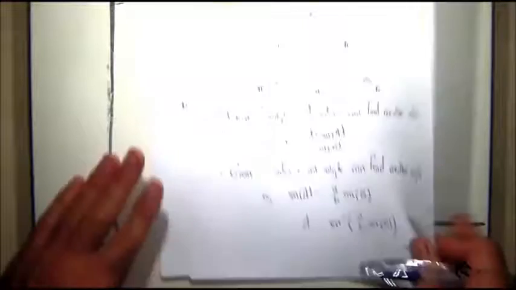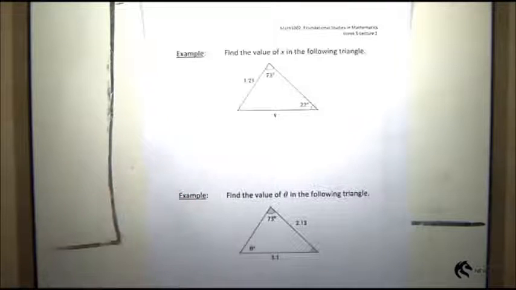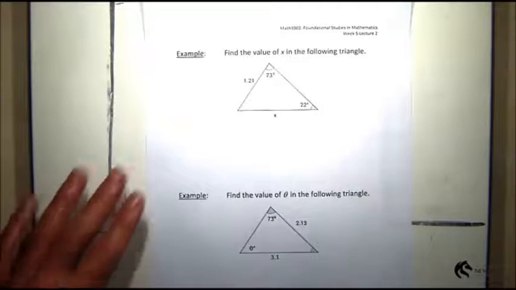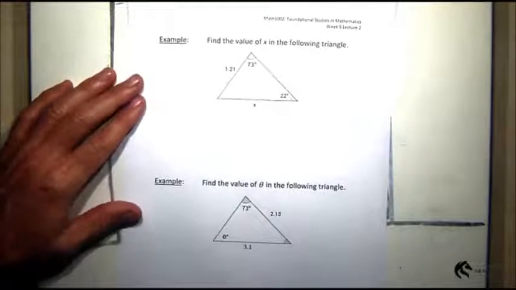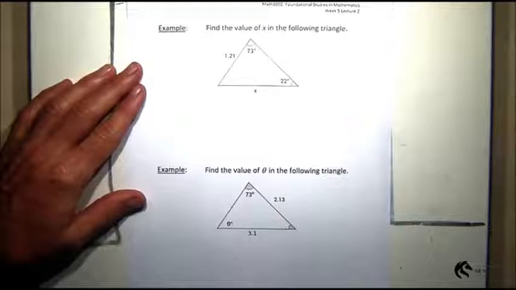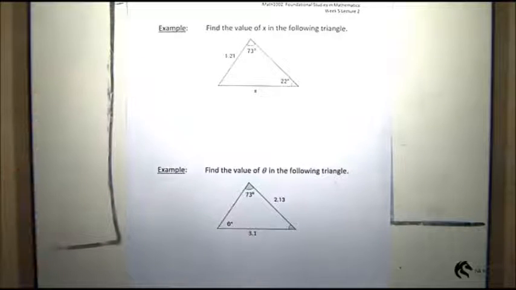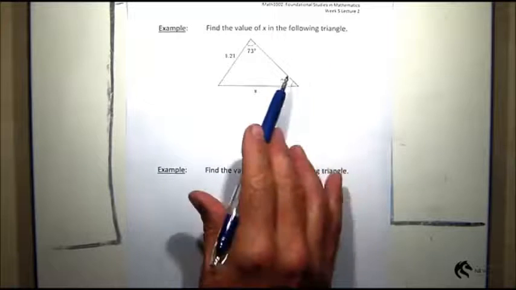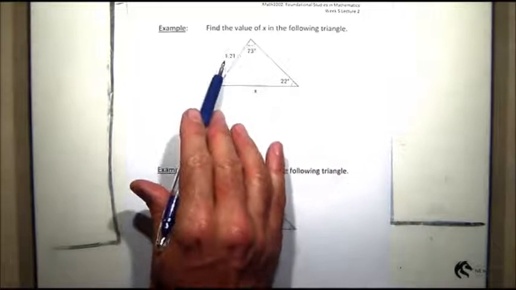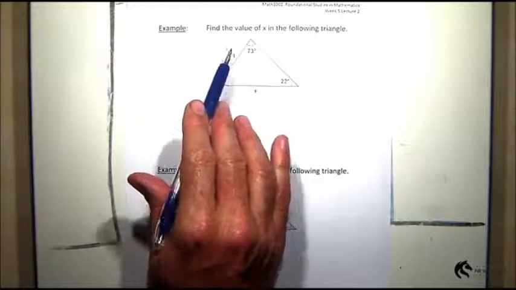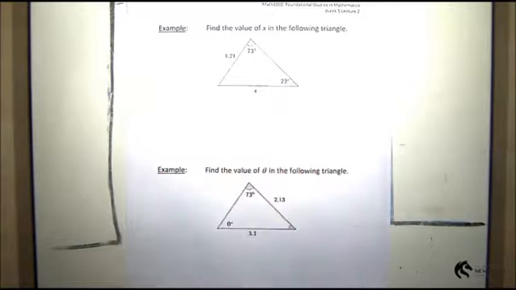Okay, so let's have some goes at that. It says, let's find the value of x in this triangle, and you can see that I have two angles and one side. Two angles and one side says sine rule.